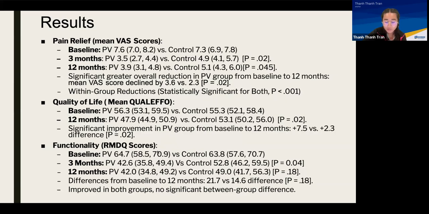However, no significant differences were observed between the two groups from baseline to 12 months. If we look at 3 months, there was a difference between the two groups, and it was statistically significant with a p-value of 0.04. But at 6 and 12 months, it was not there anymore, so we say there's no significant between-group difference.